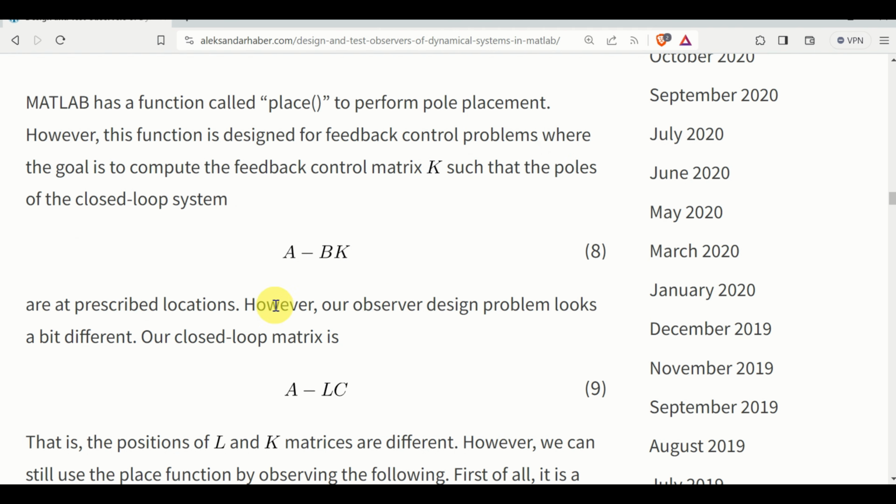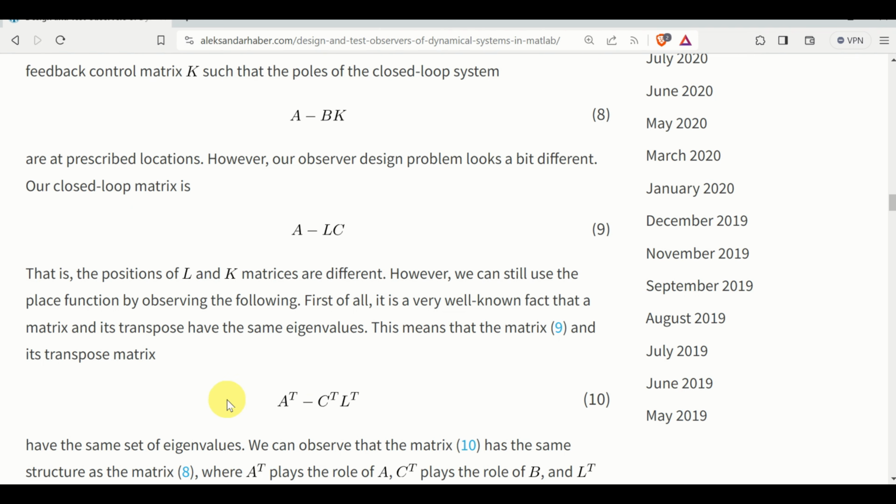However, our observer design problem looks a bit different. Our closed-loop matrix looks like this. And notice immediately over here the difference. We can see that our design matrix L is over here. However, in the pole placement method performed by MATLAB, the design matrix K is over here. That is, the positions of the L and K matrices are different.